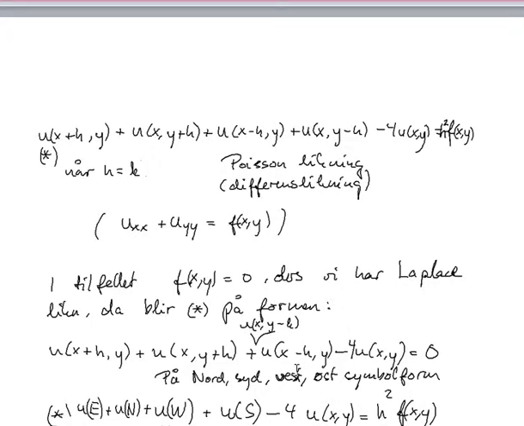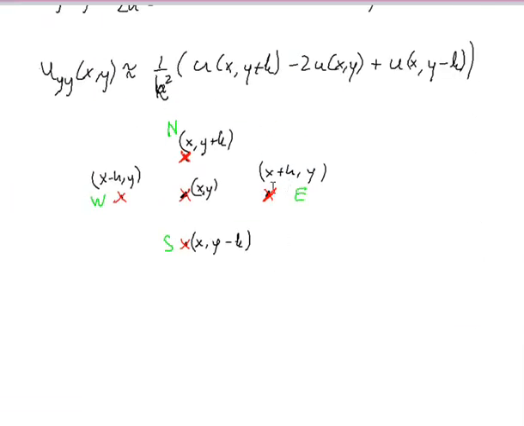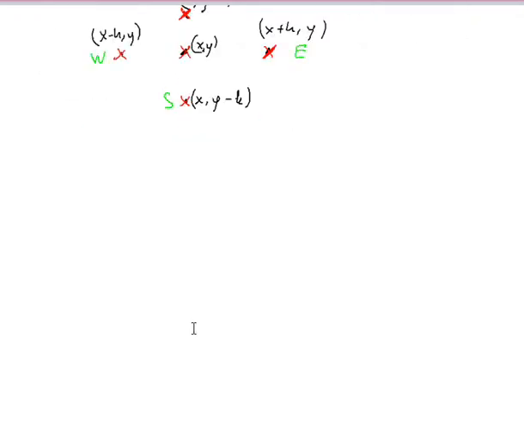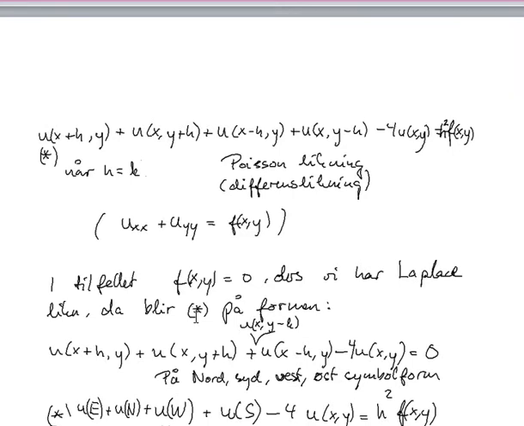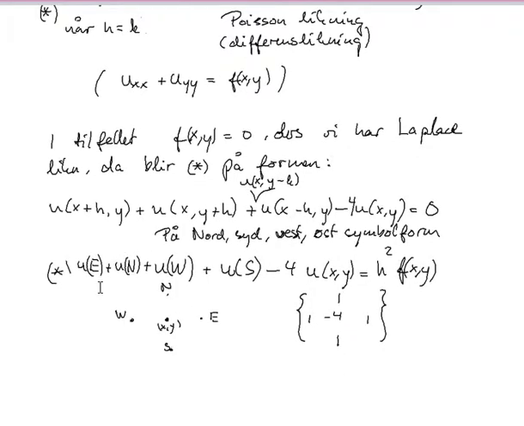If we now, instead of using this coordinate, call it the east coordinate, just see here, this is the east coordinate, north coordinate, west coordinate, south coordinate. It's easier for us to remember what we are doing.